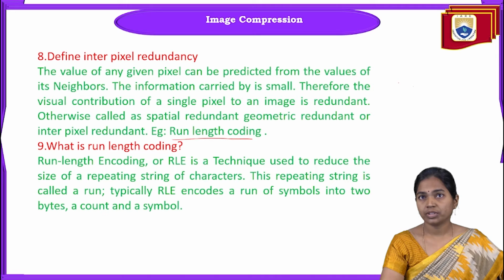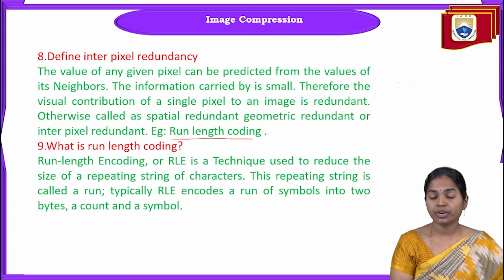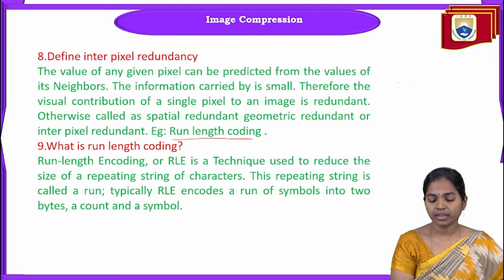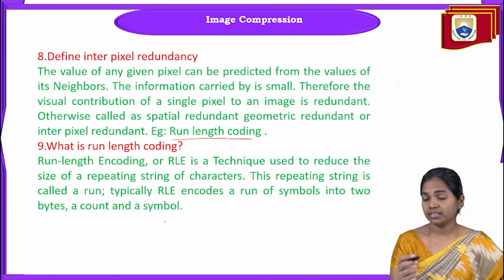What is run length coding? Run length encoding is a technique used to reduce the size of a repeating string of characters. This repeating string is called a run. Typically, run length encodes a run of symbols into 2 bytes, a count and a symbol.